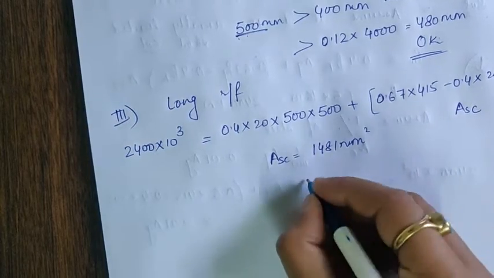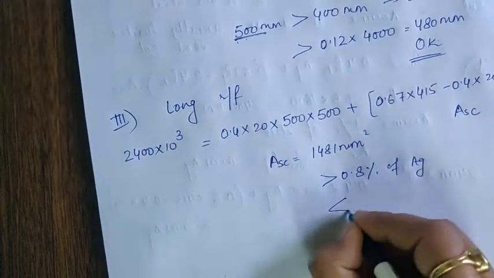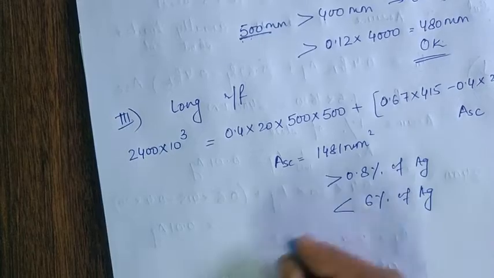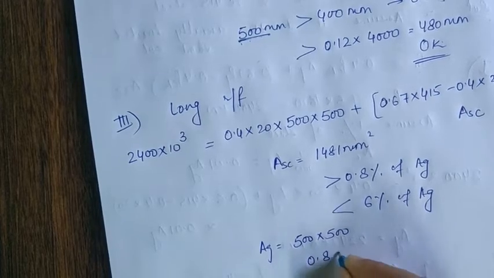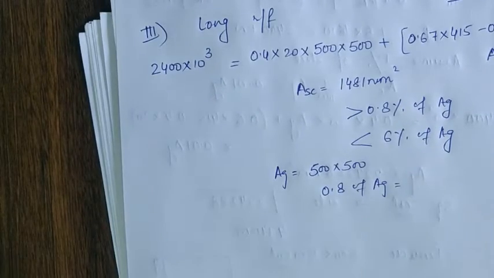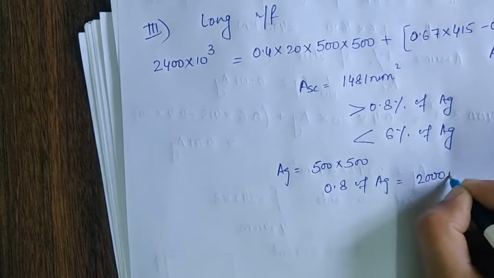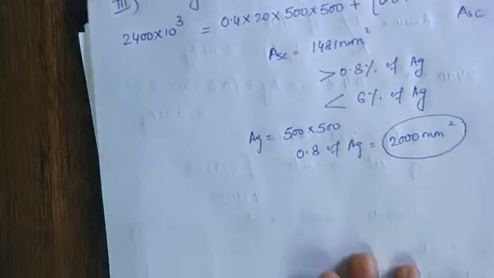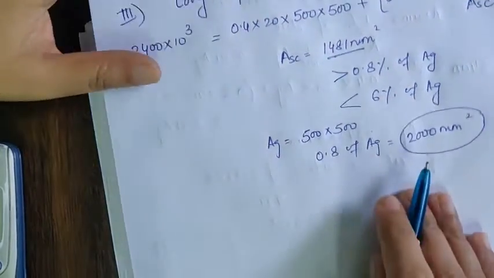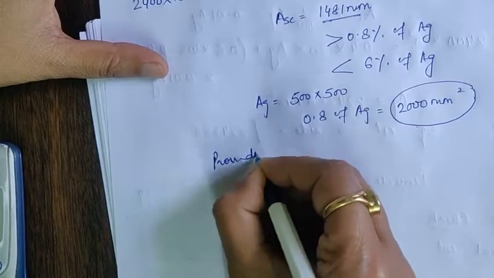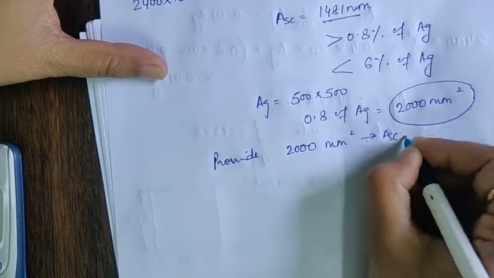We will check that this value should be greater than 0.8% of Ag and it should be less than 6% of Ag. Now Ag we have provided as 500 by 500. 0.8% of Ag is 0.8 into 500 into 500, so 2000 millimeter square. So minimum we'll have to go in for this value. Because this value is even lesser than 0.8%, we will provide at least 2000 millimeter square as ASC.